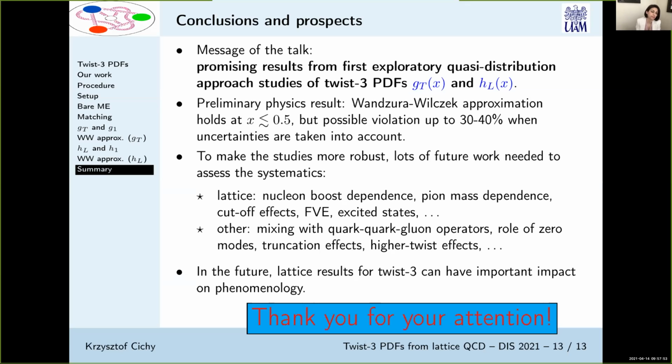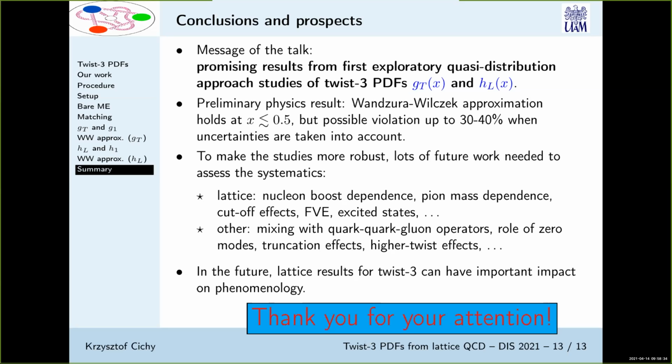Nabuo? Hi, Krzysztof. I don't know if you have already done this, but one of the major murkiness in phenomenology for Twist-3, at least in the DIS case, is the interplay between the Twist-3 part and the target mass corrections. So, for instance, people from Hall A at JLab have ongoing experiments to measure the d2 matrix element, because there are also lattice calculations, and they try to correct the data using target mass corrections.